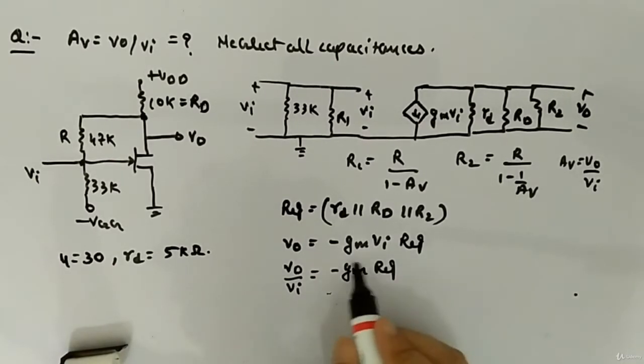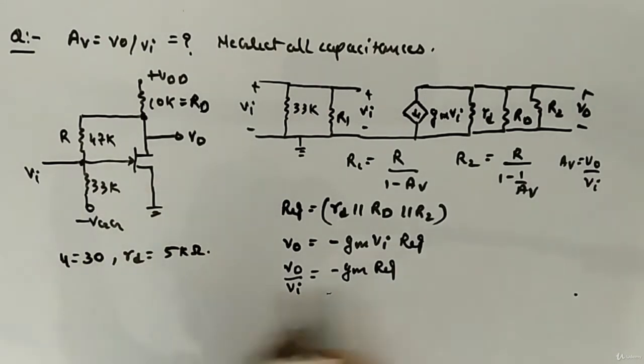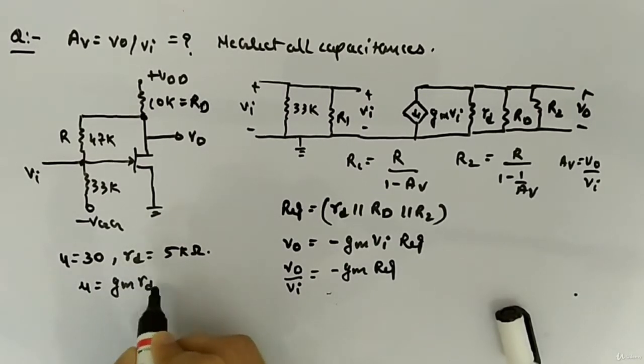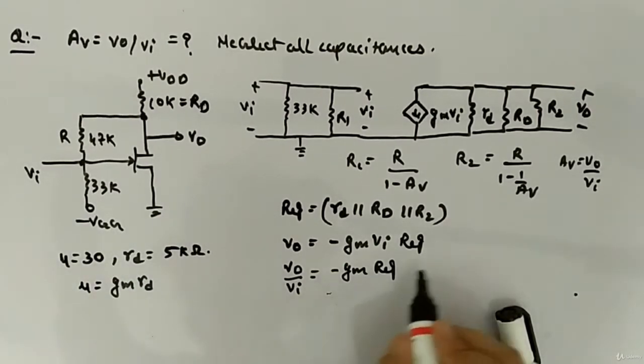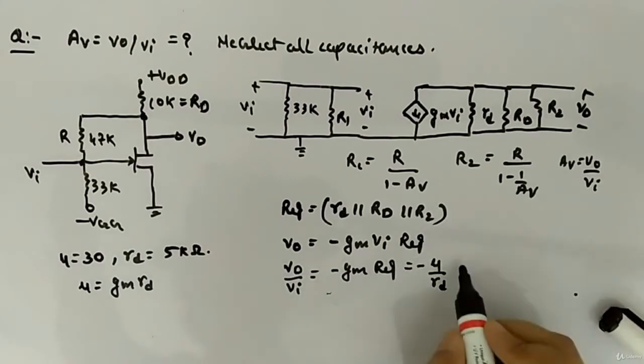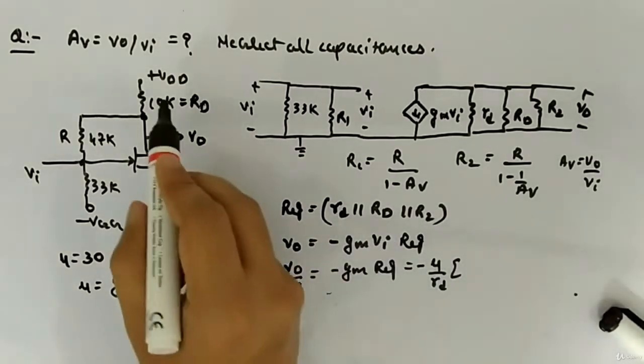But we don't have the value of gm, but we have the value of mu and rd. If you remember, the amplification factor mu is equal to gm into rd. So if you plug in gm, what you will get is minus mu divided by rd times R equivalent. R equivalent we have to calculate; rd we know, capital RD we know, and R2 is this.